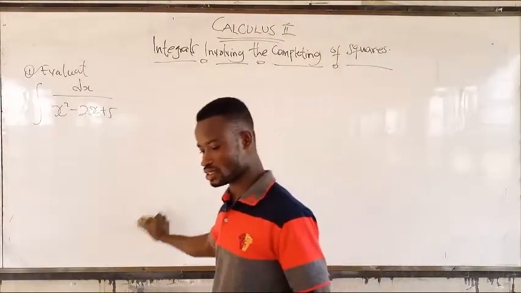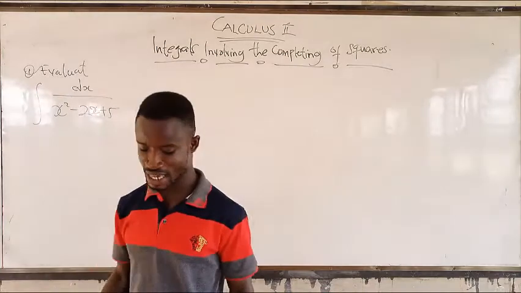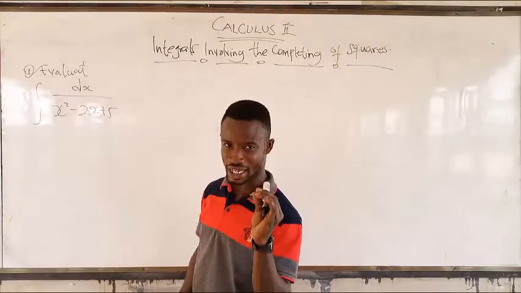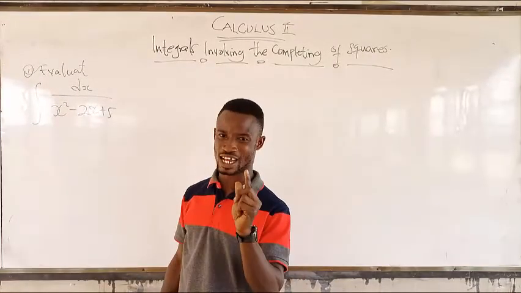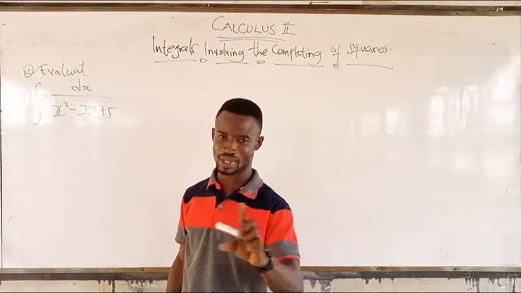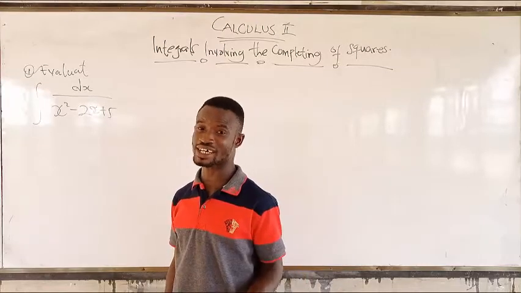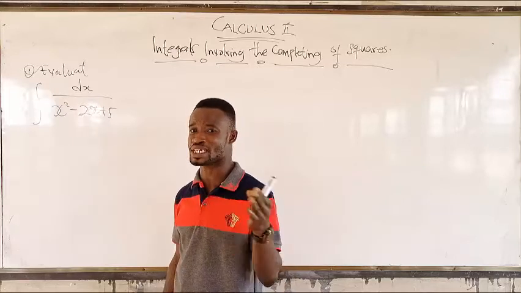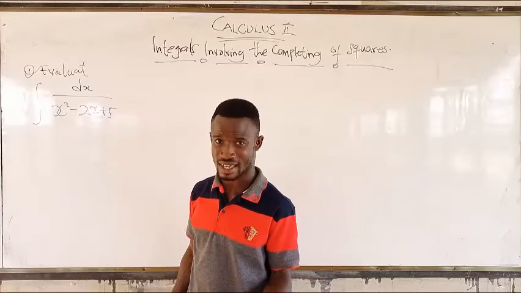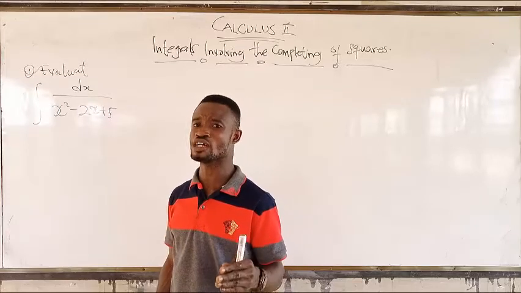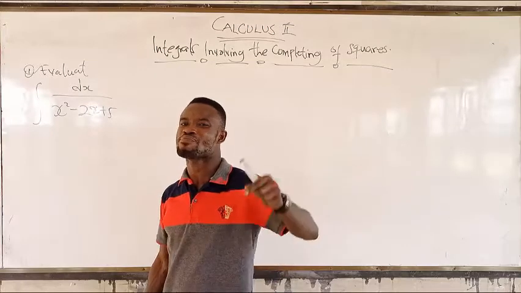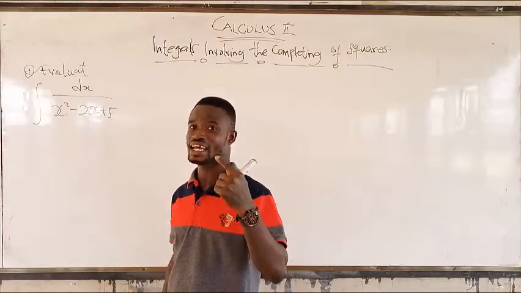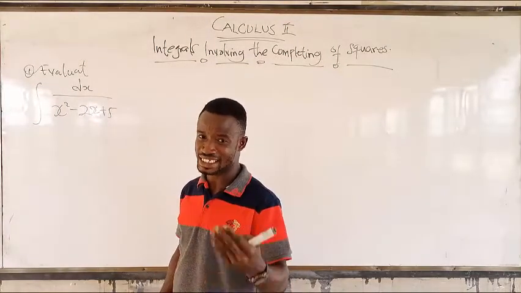And please take notes. Let me emphasize this. There are some of these that when you punch on the calculator, you will be getting complex numbers. So that should tell you that you can only solve by completing the squares. If it doesn't give you complex numbers, that means that it can be factorized, and you can factorize it and go and do integration by partial fractions, because once it's able to factorize, then it can be a repeated factor, a linear factor or whatever.